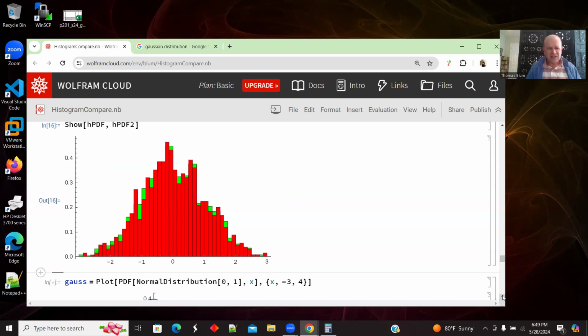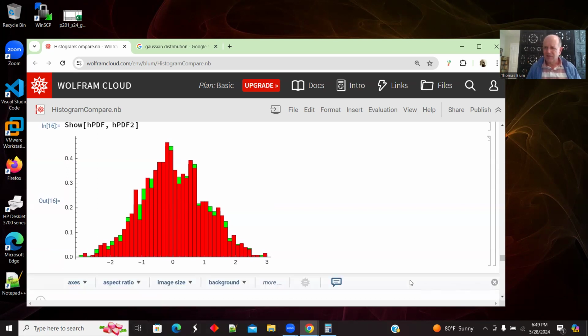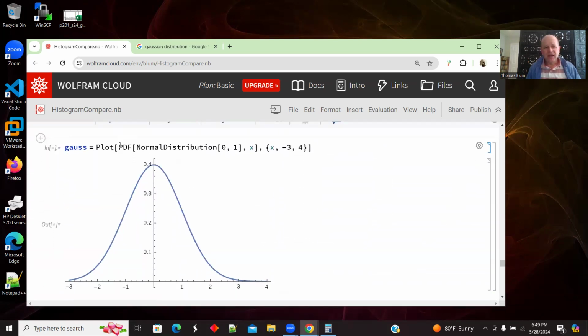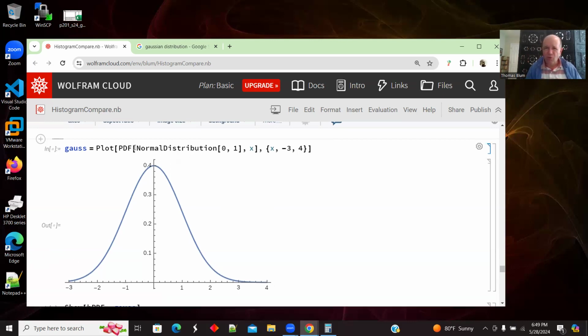Okay, and then this gets us closer to the PDF that you would play with in mathematics. So this is getting us close to a mathematical function. So here I'm going to take the PDF, and this is going to be not random samples, but almost the number of samples being infinite, if you will.